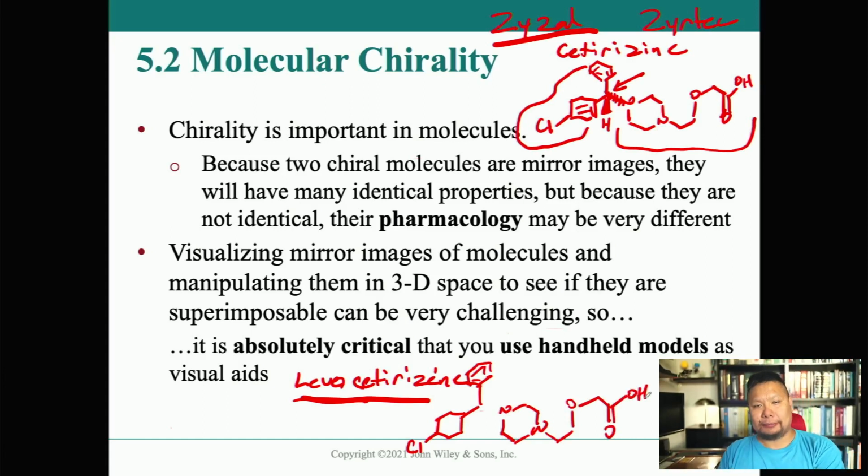Cool, right? So what's the difference? In levocetirizine, or Xyzal, I really think that's how you spell it, but I could be wrong. You know Xyzal, it's the one in the commercial with the owl in it, right? In levocetirizine, or Xyzal, the nitrogen ring in all of its constituency comes out at you, right?